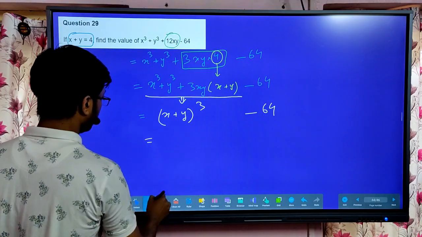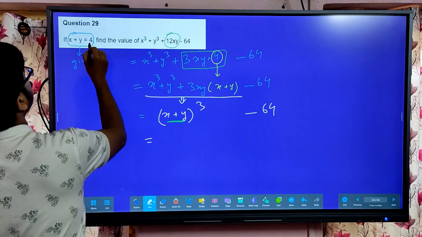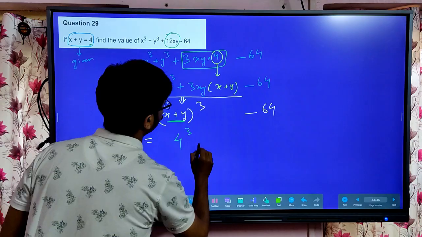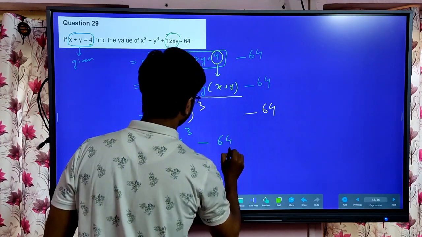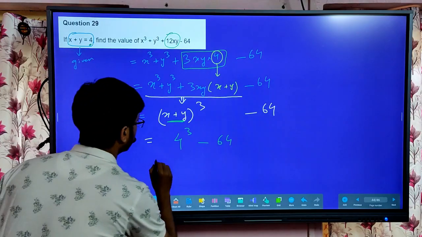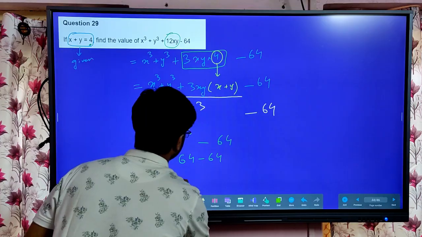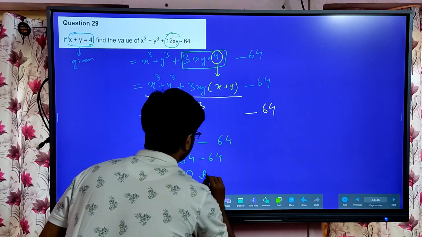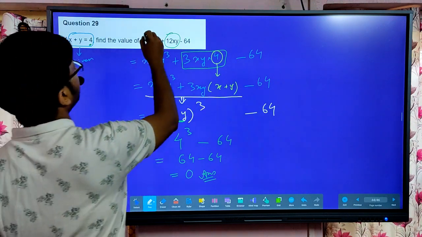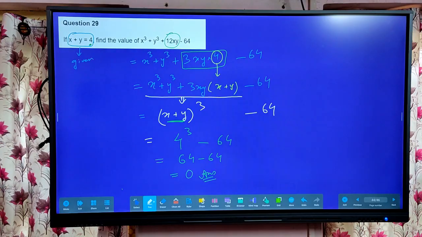Now the x plus y value is given, it is 4. So I will write 4 cube minus 64. 4 cube is 64 only. 4 4s are 16, 16 4s are 64. So 64 minus 64, its value will be 0. So the value of this entire thing will be equal to 0. 0 is the answer. Please check it.